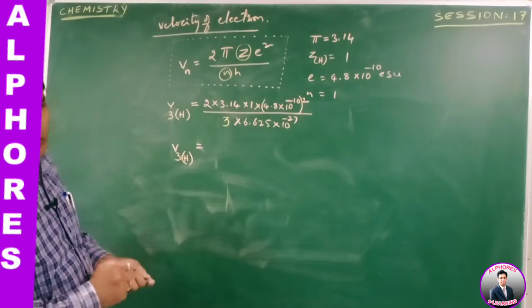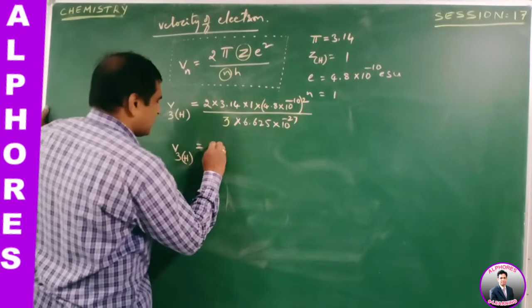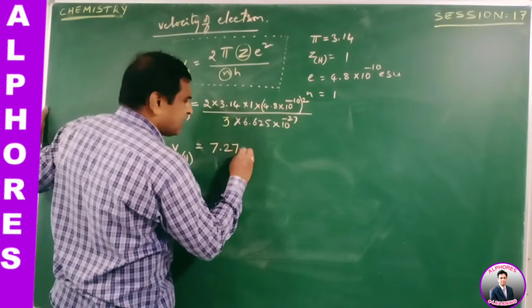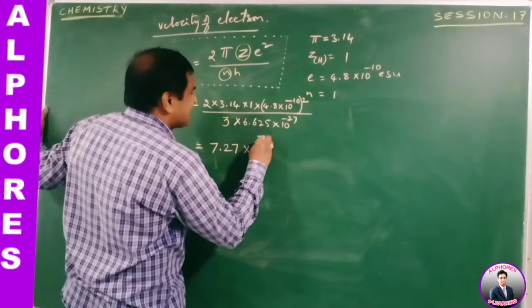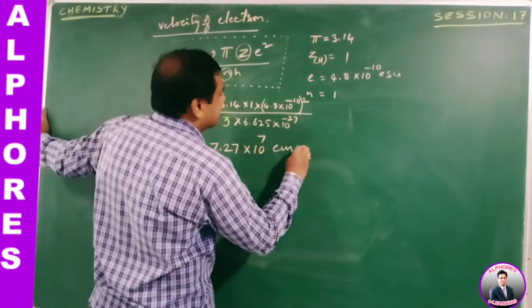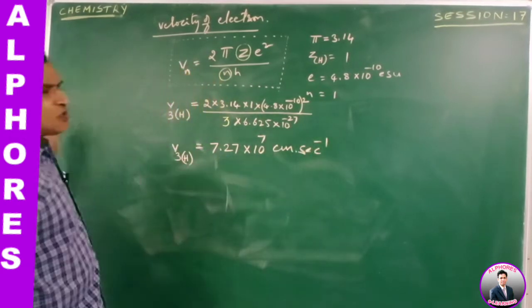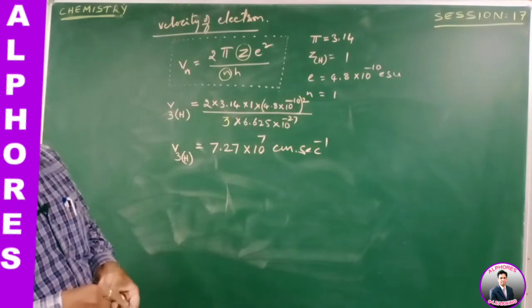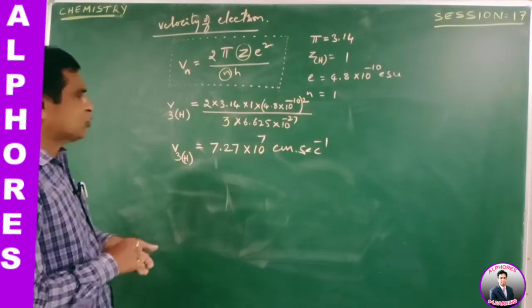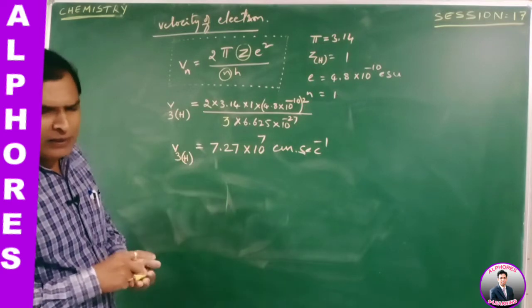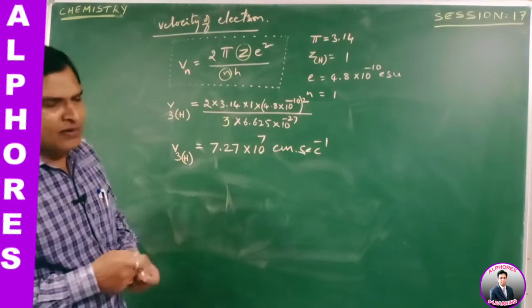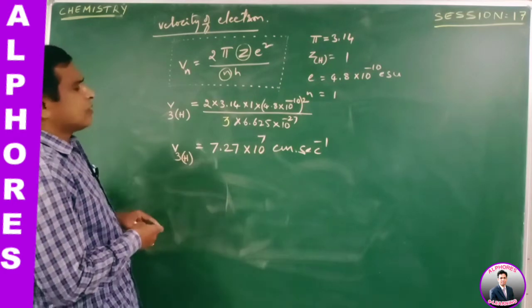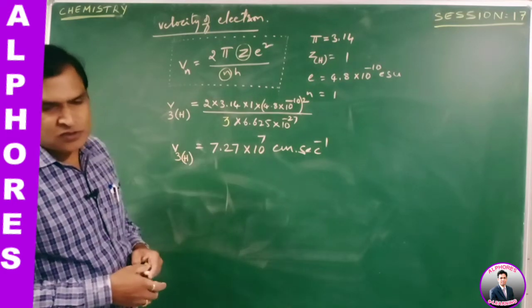That is equal to 7.277 into 10 to the power 7 centimeters per second.